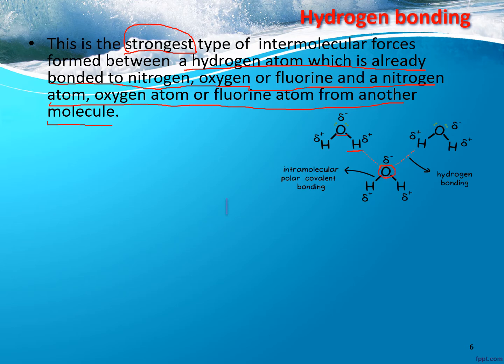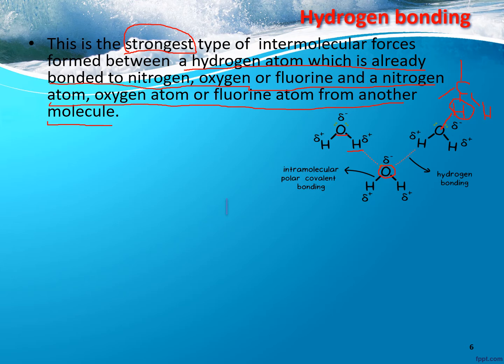But if I have a substance like CH4, we have hydrogen here, another hydrogen here, and another one here. The hydrogen we have here cannot form hydrogen bonding with this oxygen. Why? Because the hydrogen here is not already connected to oxygen, nitrogen, or fluorine.